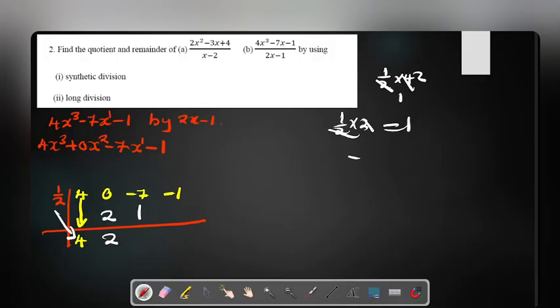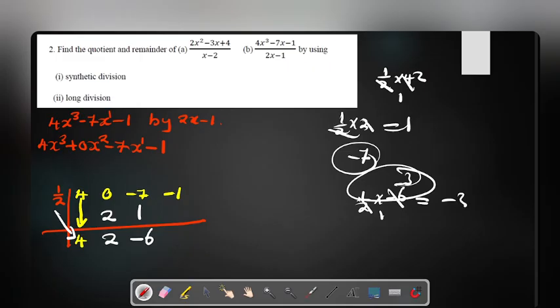So now I'm going to say negative 7 plus 1. We add here again, so negative 7 plus 1 gives us negative 6. Again, 1 over 2 times negative 6: 2 into 2 is 1, 2 into negative 6 is negative 3.